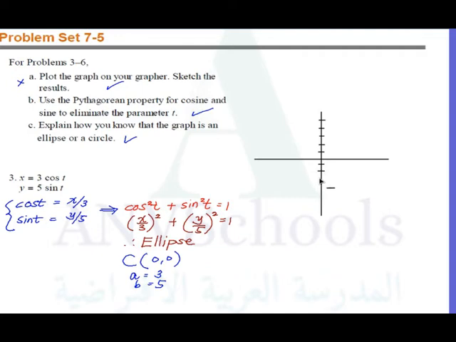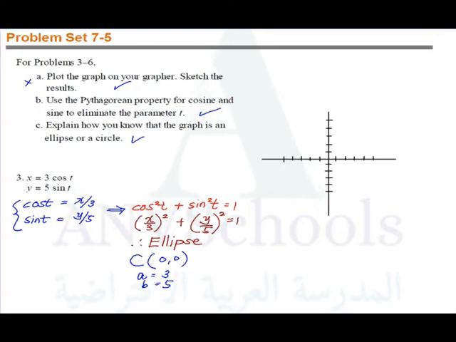So 1, 2, 3, 4, 5. This is our x-axis. This is our y-axis. Okay, this is 5, negative 5, 5, negative 5.